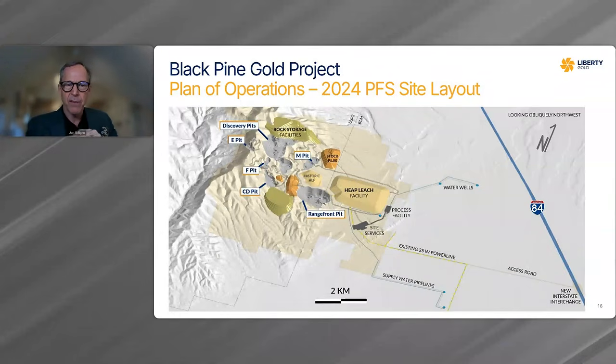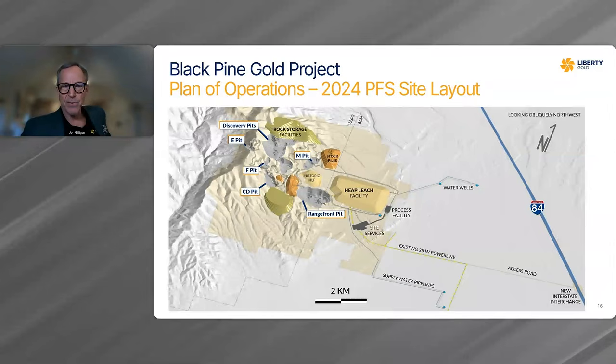This is a fantastic site to build a heap. We build a small ADR, which is the processing facility that extracts the gold from the solutions that you circulate on the heap. And then we build where it says site services, that's a truck shop, a fuel station, and some offices. Very, very simple site.